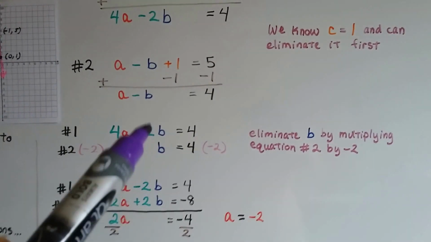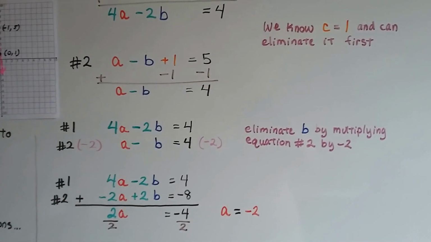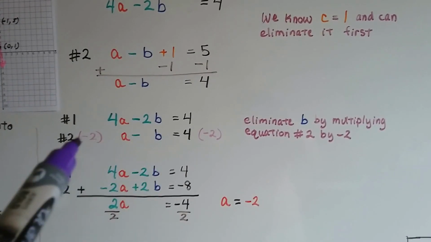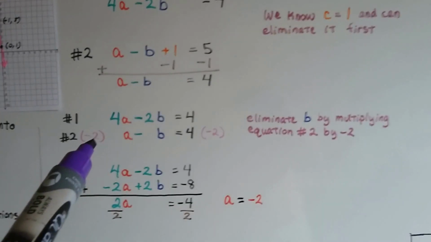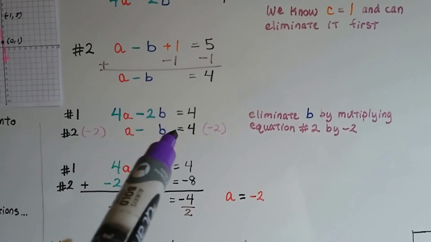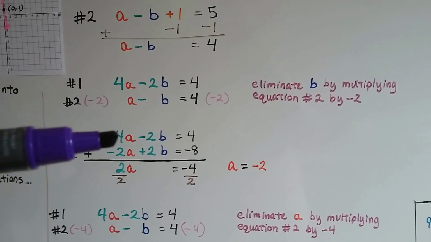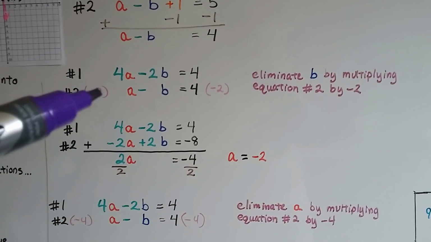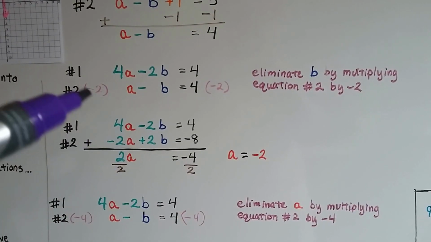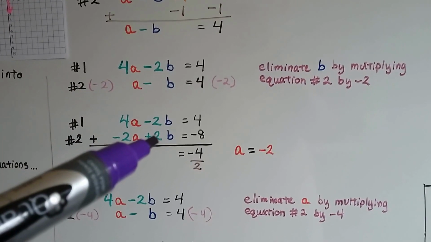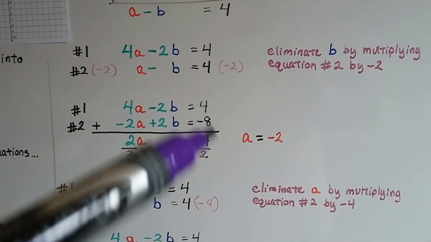Now we can eliminate this b right here by multiplying this second equation by -2 for every term. So we multiply the a, the b, and the 4 by -2. And we just move our first equation down, and we get -2a, and because we have -2 times -1b, we get +2b minus 8.